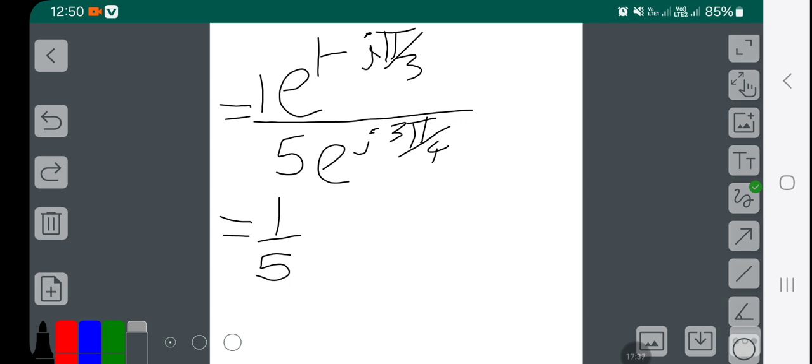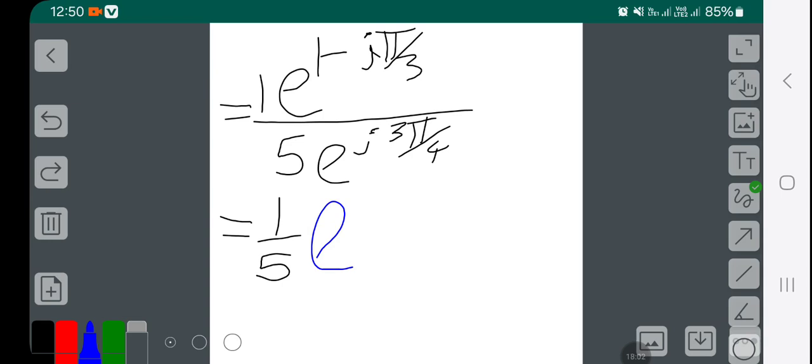Then I'm going to say e. Now I'm going to divide my exponents, which are your powers. The exponent on my numerator is 1 minus jπ/3, then the exponent on my denominator is j3π/4. Let's subtract since we are dividing.